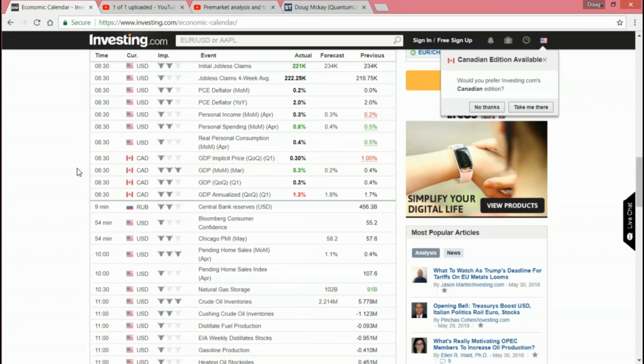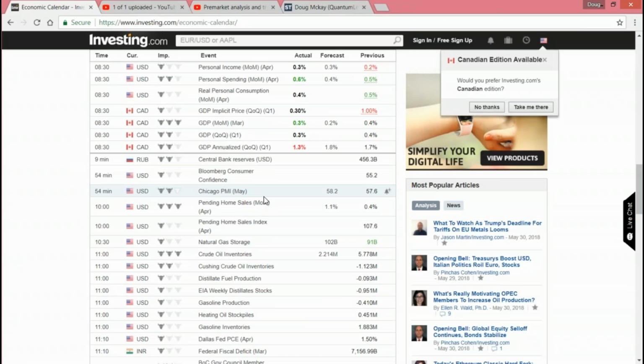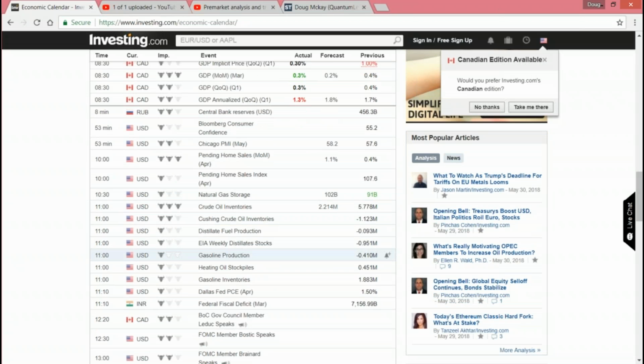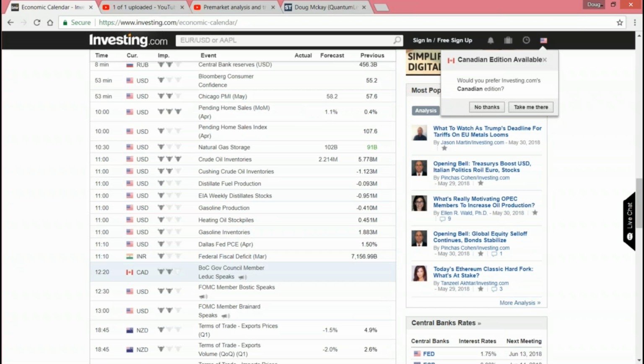At 10 o'clock, we've got pending home sales. That'll be the big one for the day. And then, of course, we've got Chicago PMI and Bloomberg confidence coming out at 9:45, and then at 11 o'clock we've got crude oil inventories and all the things that go with it.